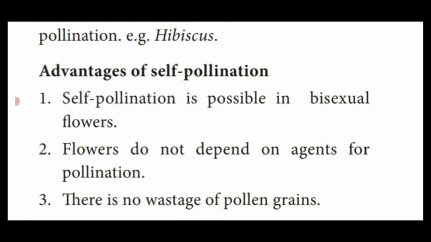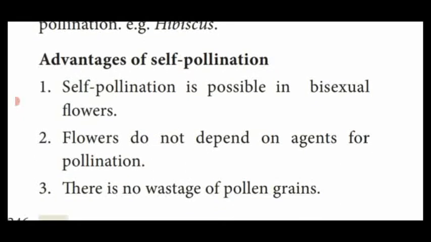Then no wastage of pollen grains, because the distance is very short, isn't it? In the same flower, they exchange their pollen grains from anther to stigma, so the distance is very short and no wastage of pollen grains takes place. So this is the advantage of self-pollination, an important 2-mark and 4-mark question.